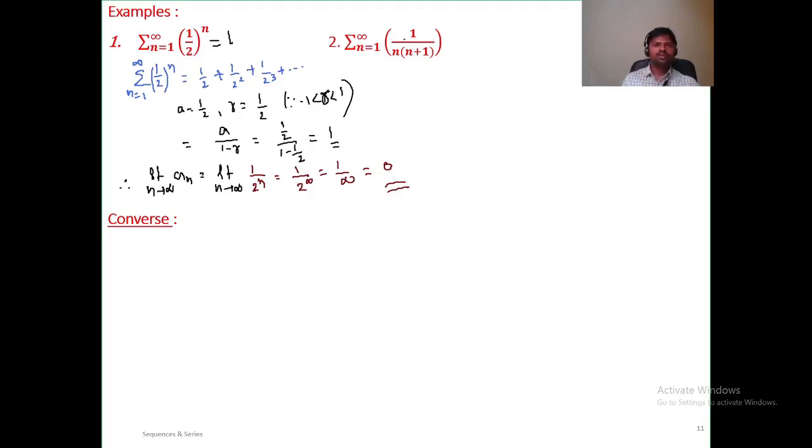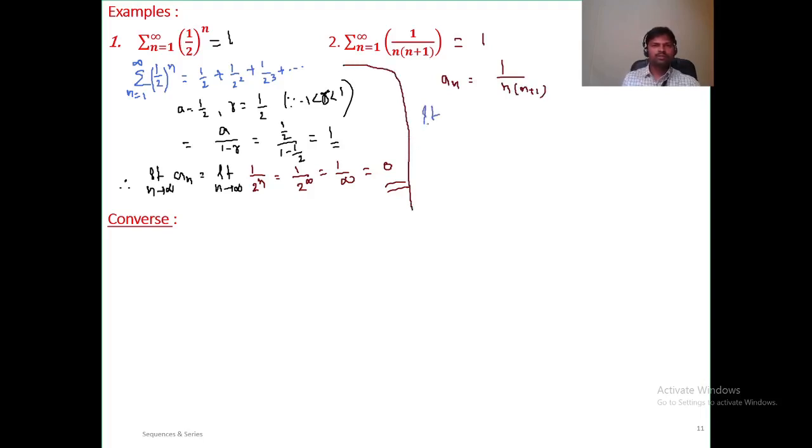Similarly here, this telescoping series we just computed: what is the sum? Again the sum is 1. And what is an here? An is 1 upon n into n plus 1. Now apply the limit.